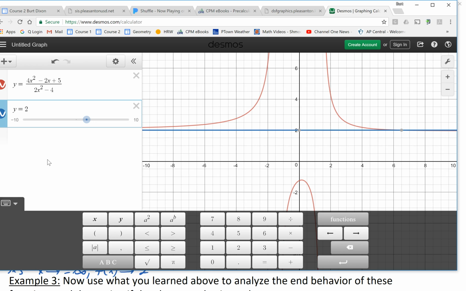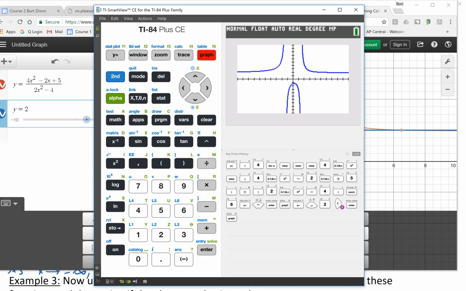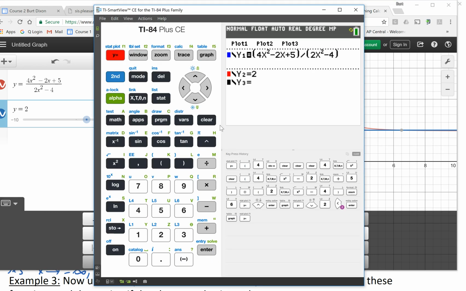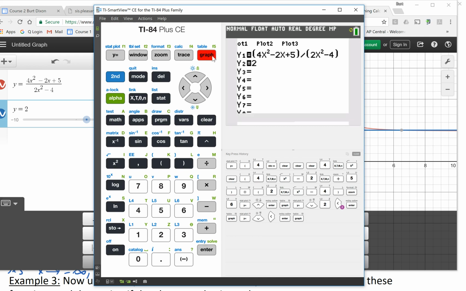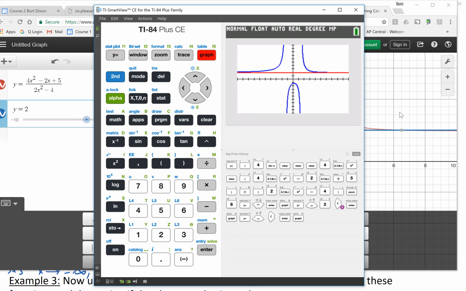Okay? And then if we look at it on the graphing calculator, we see exactly the same thing. If I graph a function y equals 2, we can see that the curve is getting closer and closer to that horizontal red line as we go further to the right and further to the left.